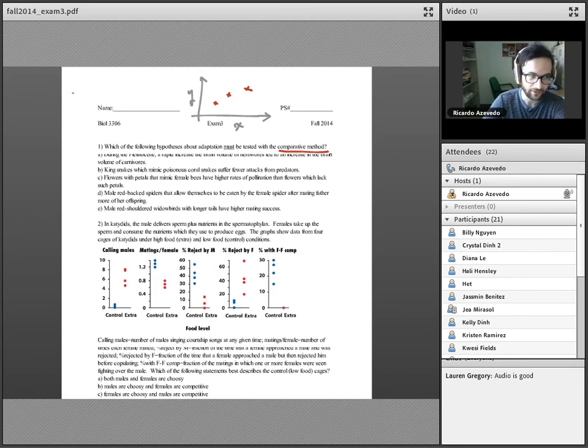Now the problem here is that chimpanzee, human, and gorilla are all related to each other. Looking at the phylogeny, it looks like this: human, H, chimpanzee, C, and then gorilla.